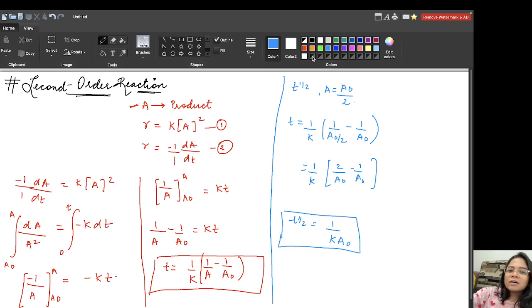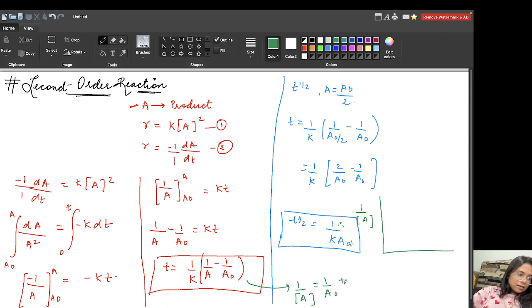And how will you get the graph of it? Graph topics I will be covering in a separate video on methods to determine what order the reaction is. But just remember how the graph will look. 1 upon A, the concentration, will be here. I am taking this particular equation, 1 upon A equals 1 upon A naught plus KT.